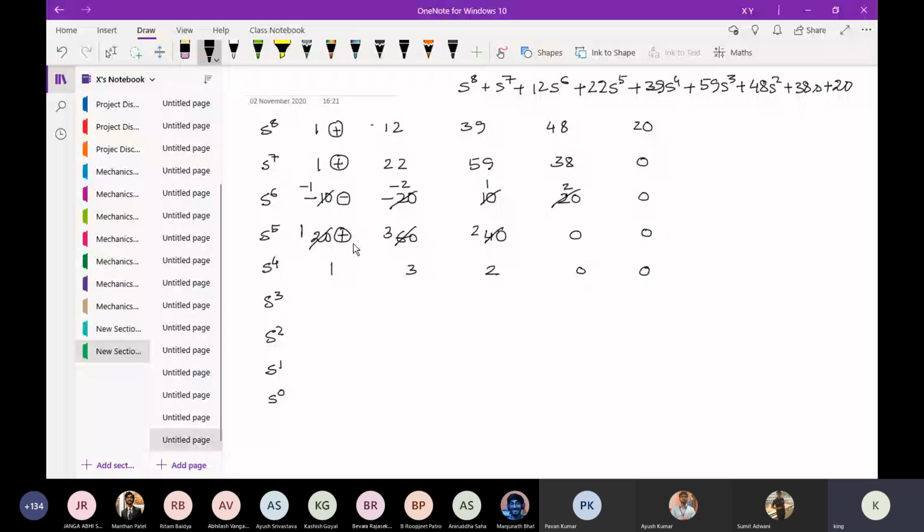So normally you will have a situation of one sign change if the sign change occurs in your bottommost row. Sir, suppose in the third row for S6, had it been plus 10 and minus 20, then up to here there would be one sign change. Then that is positive, negative. Now here it would be again positive. So if it is plus 10, then this would have been positive, this would have been negative, and this would have been positive.